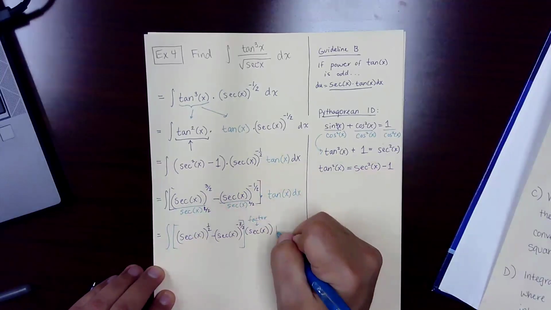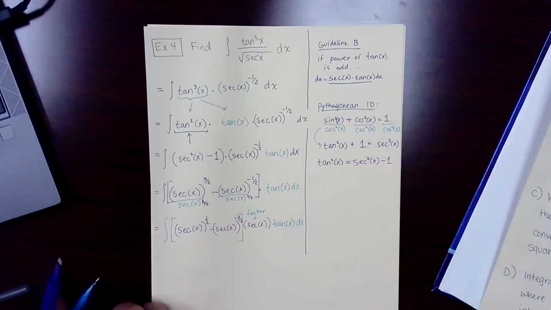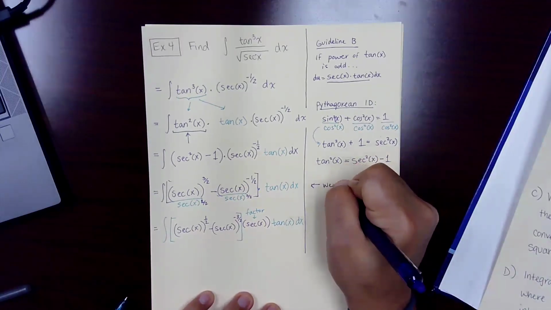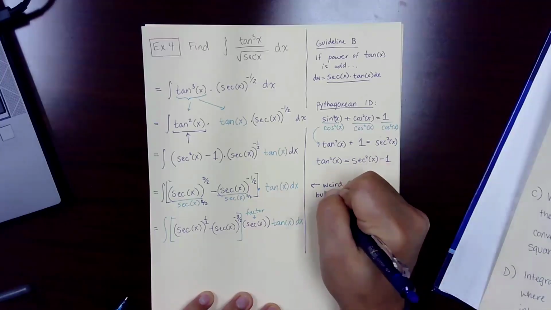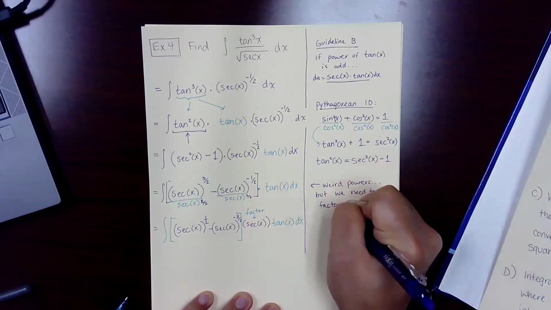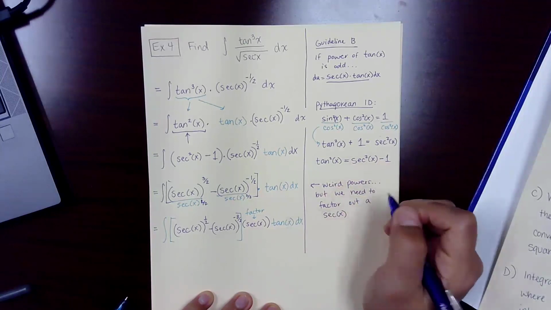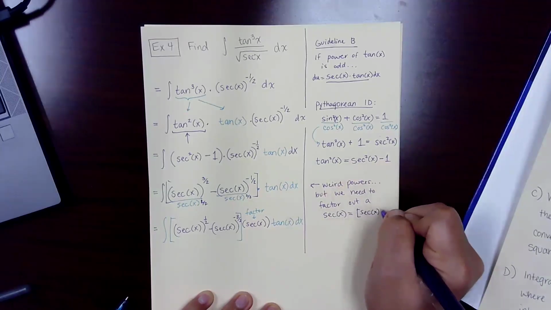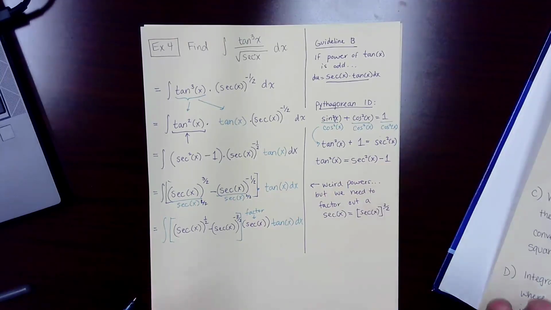Still got my integral, still got my tangent x dx. So here I'm just going to make a note that these were weird powers, but we needed to factor out a secant x, which is the same thing as secant x to the 2 over 2 power, or to the 1 power.